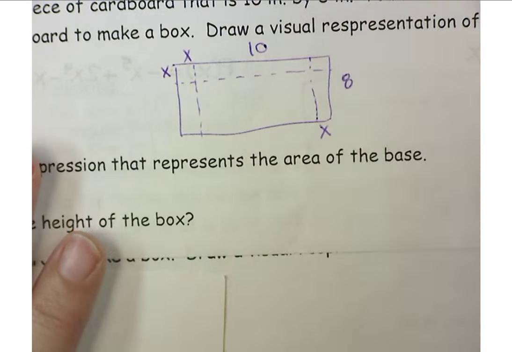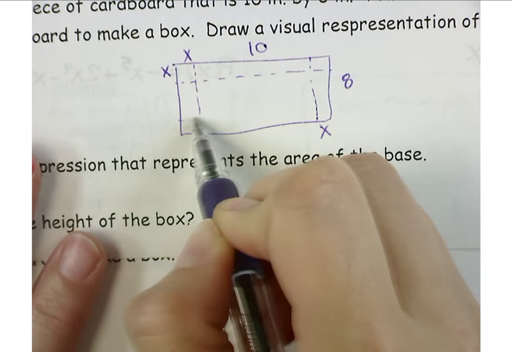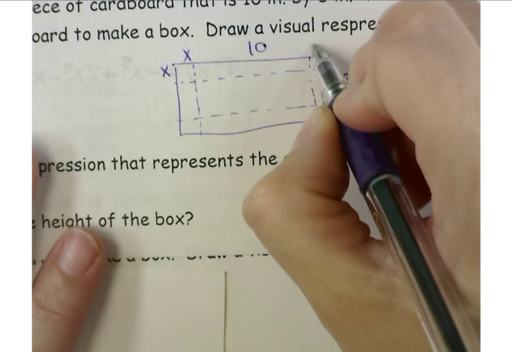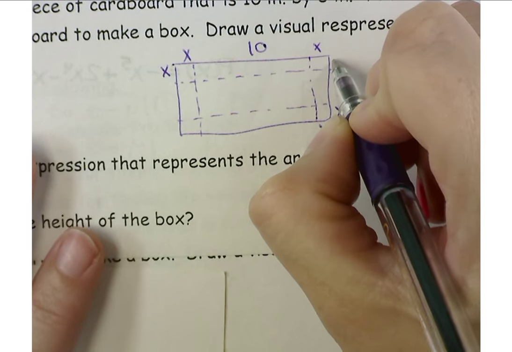So now I've cut it from the top and the side. I already cut it there, so now I'll cut this here. This would be X. Basically you're cutting out these corners, right?